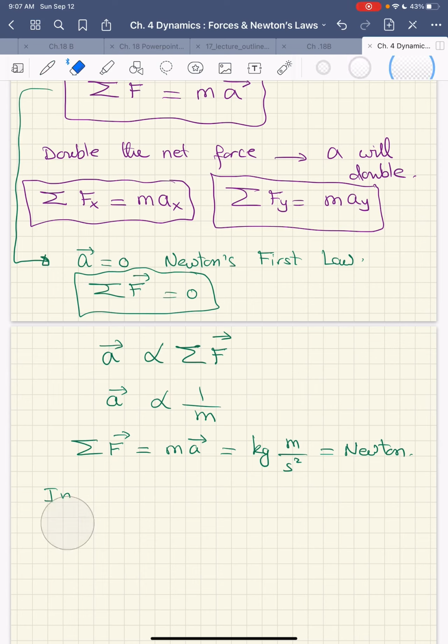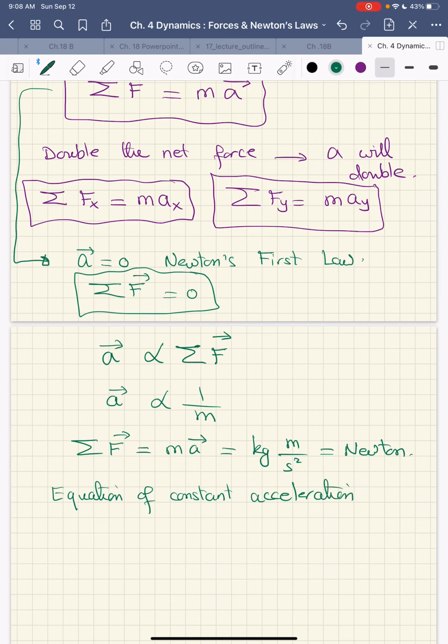This is my main formula for Newton's second law, but we might also use equations of constant acceleration motion together with these in this chapter.